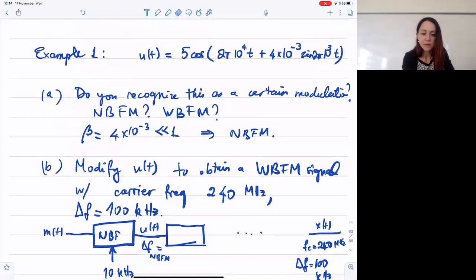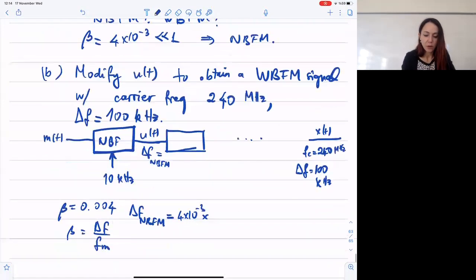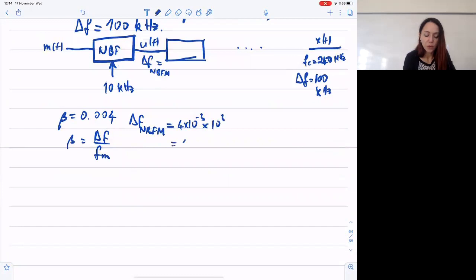FM is 10 to the 3. So delta F is 4 hertz. Very small indeed. Okay, so we are asked to increase the delta F to 100 kilohertz.